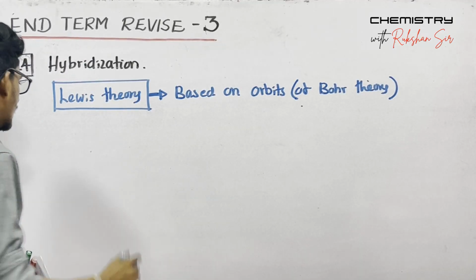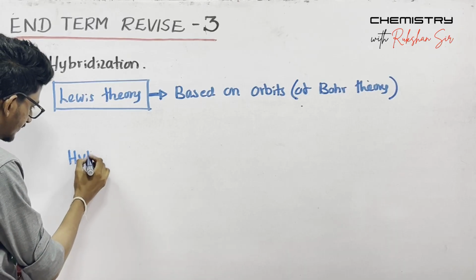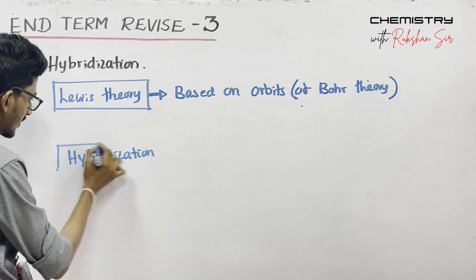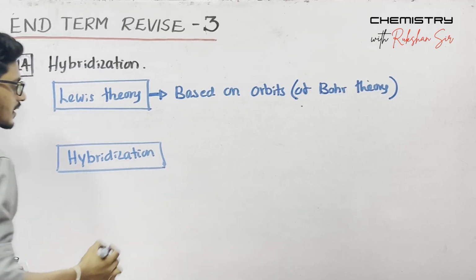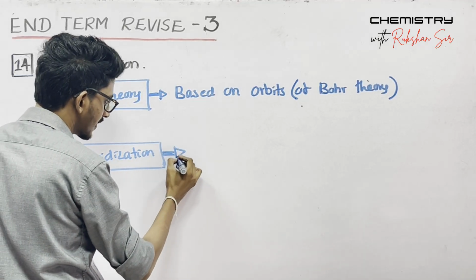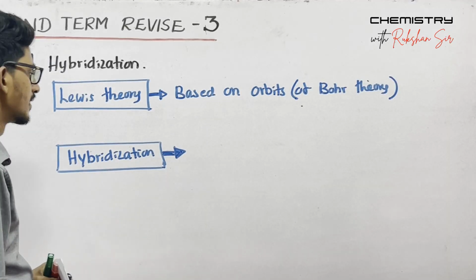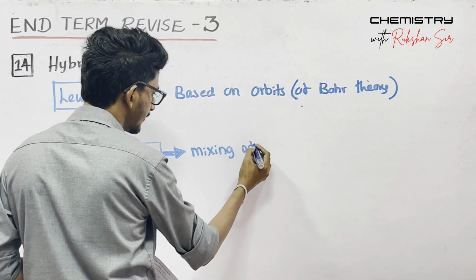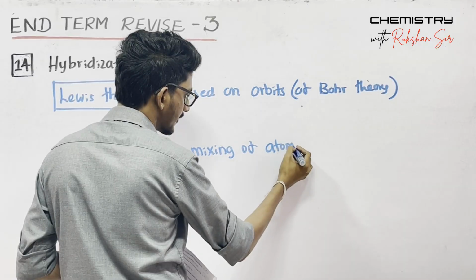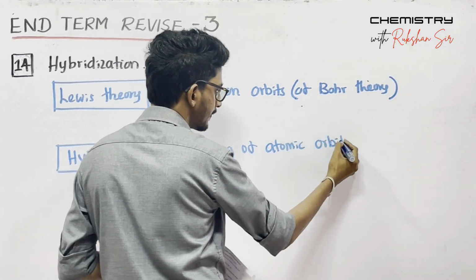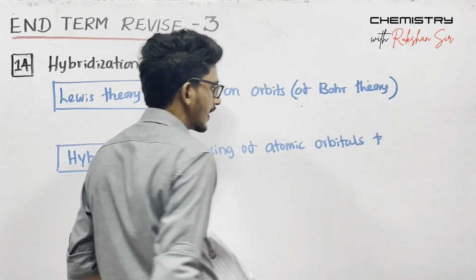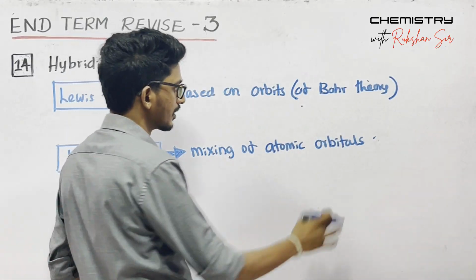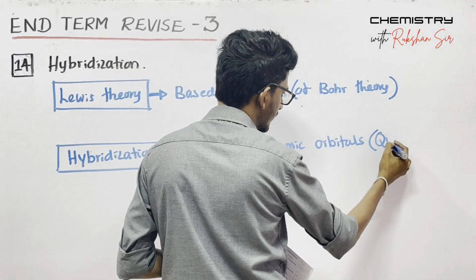When it comes to hybridization, it is discussing the mixing of atomic orbitals. The atomic orbital concept comes with quantum theory.